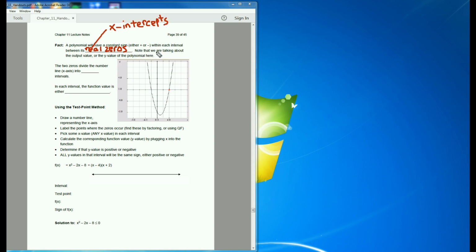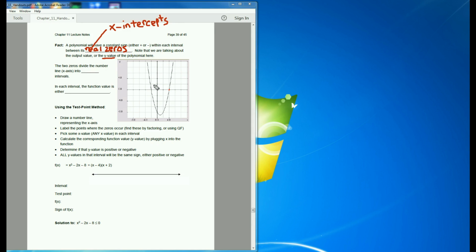And when we are talking about the sign of the polynomial, we are talking about the output value or the y value. So in other words, between the zeros, the intercepts, all of the y's will either be positive or all of them will be negative within those intervals.